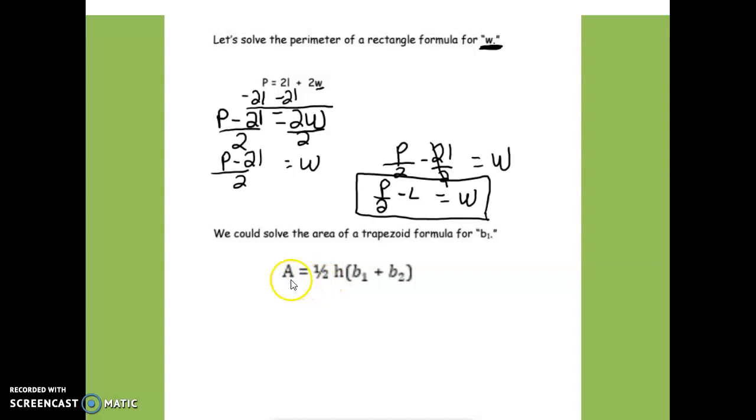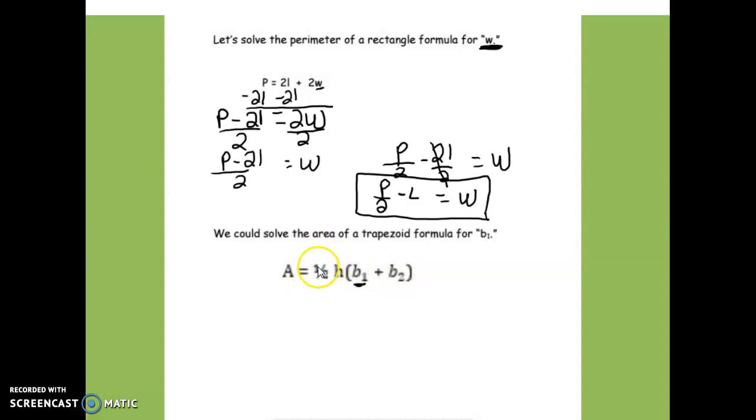All right. Let's take a look at this problem. The area of a trapezoid, which we were talking about a second ago, we are solving for B1, right? Okay. So the first thing I want to do is get rid of that 2.